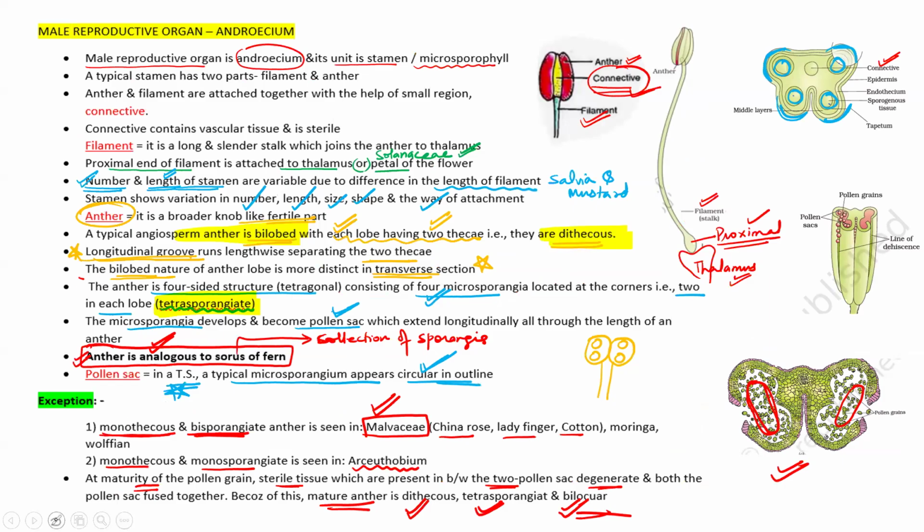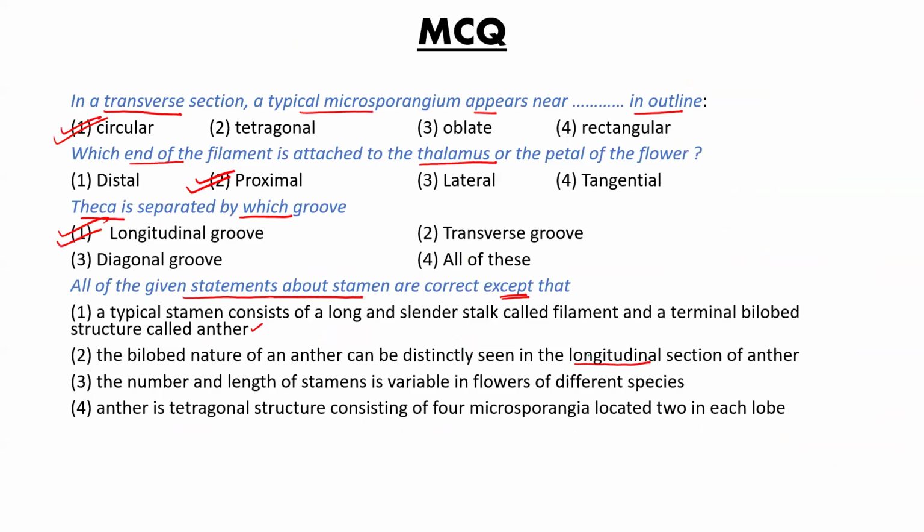Let me highlight it with a different color. See this color. Bilobed nature is more clearly seen in transverse section. Is it clear? So it is not longitudinal, it is transverse section. So this statement is the only one which is incorrect, because they're saying all are correct except. So you have to find which is incorrect. Clear? So answer will be the second option.